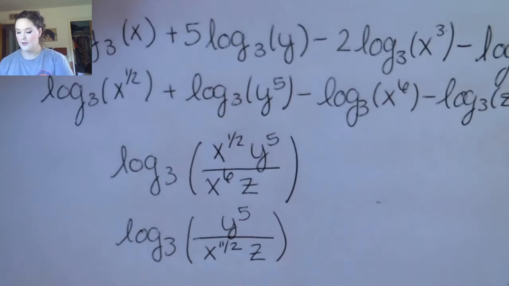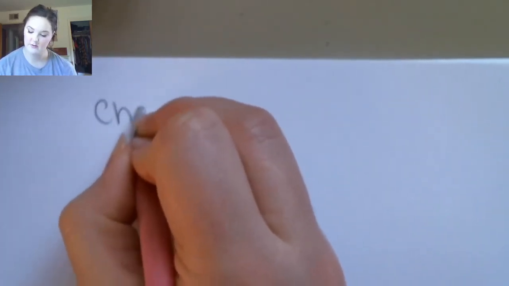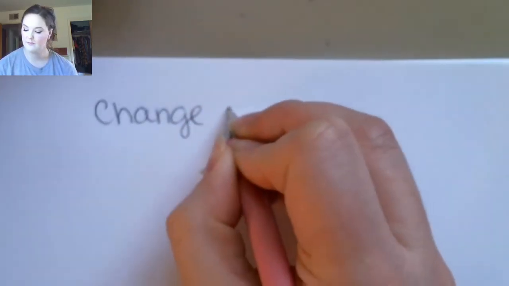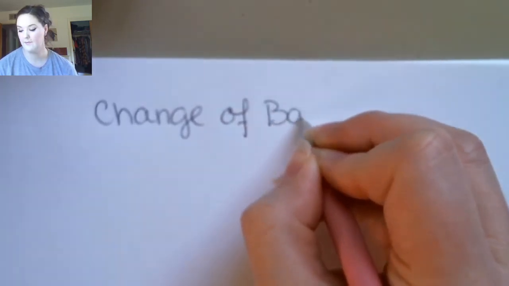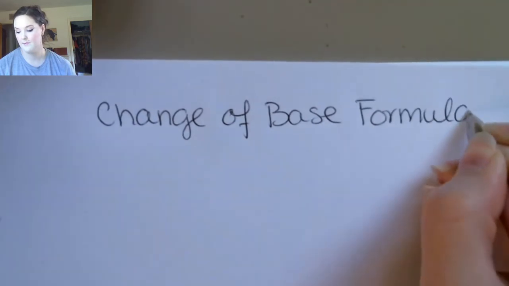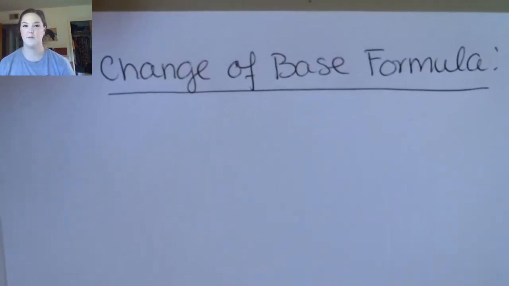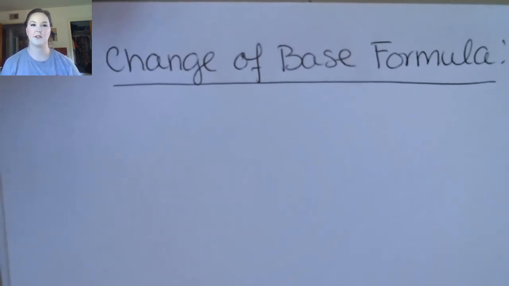All right, so let's look at the log property that's a little bit different. This is called the change of base formula. It's accurately named because what it lets you do is change the base from whatever you have to any other log base that you might want.